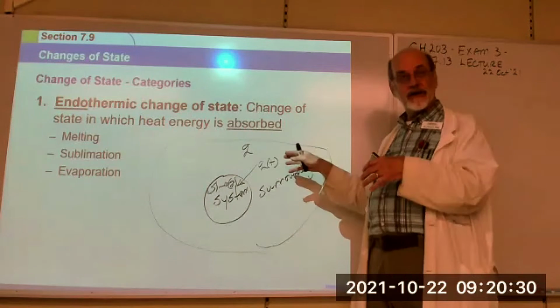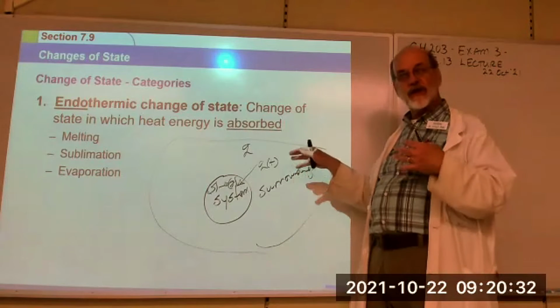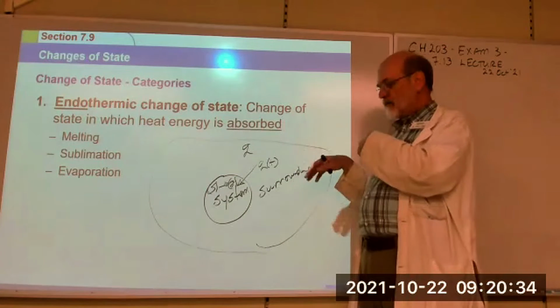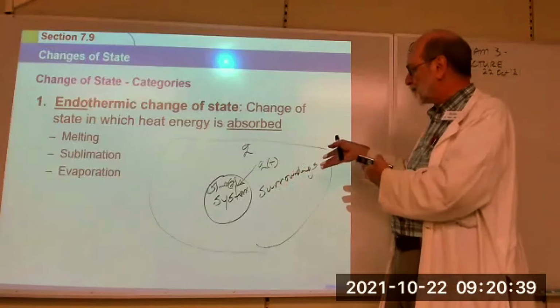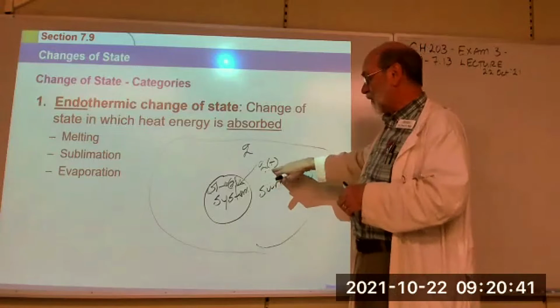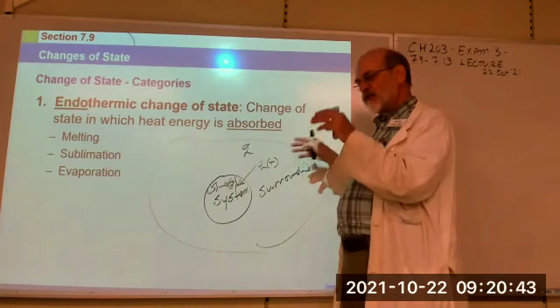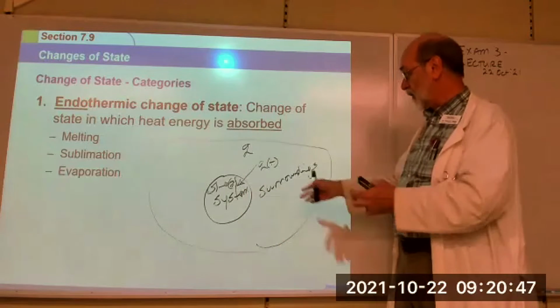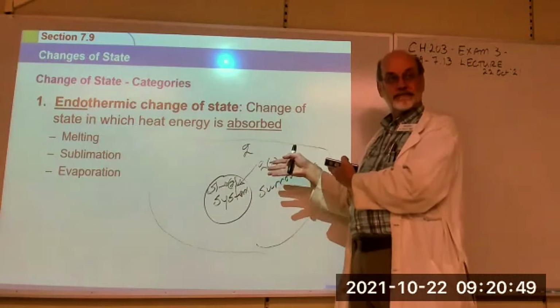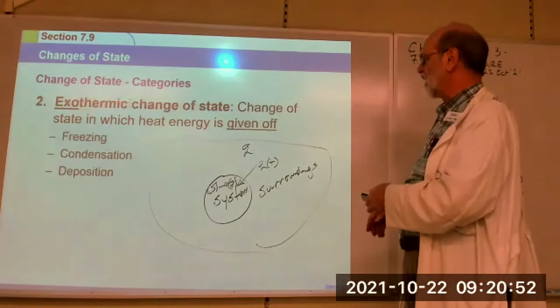If you put a number on it, and we can do that, we can say how much energy is absorbed for so many moles of compound, then the sign will always be positive because everything is relative to the system. It's being added to the system. If it goes the other direction, then the sign will be negative. And I think that's probably the next slide.